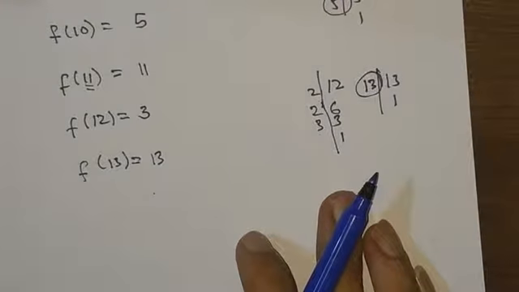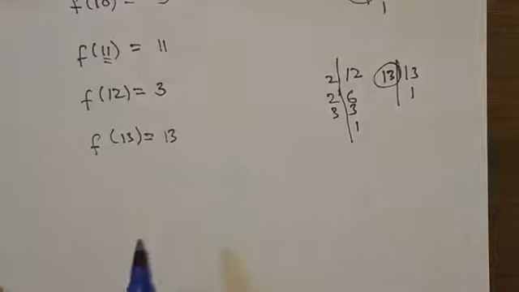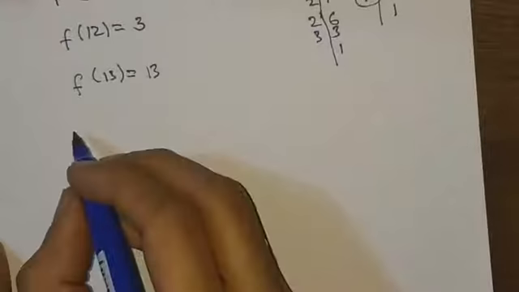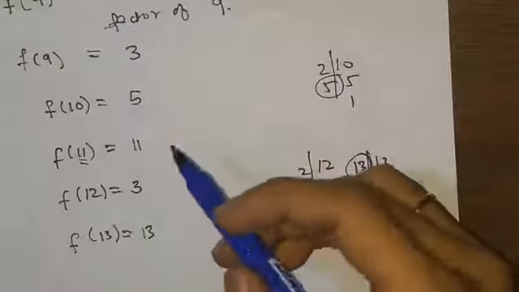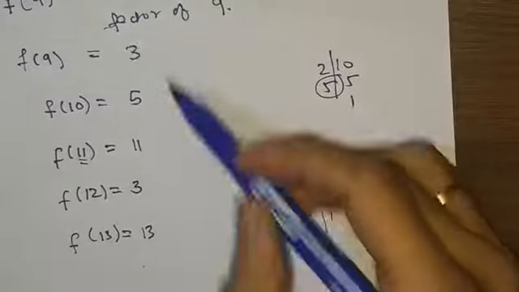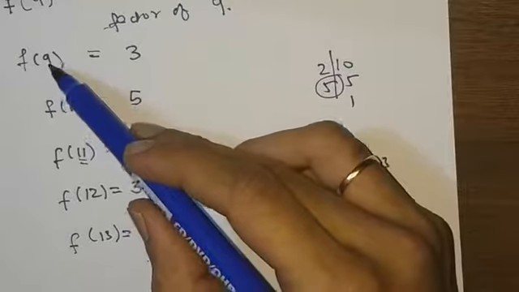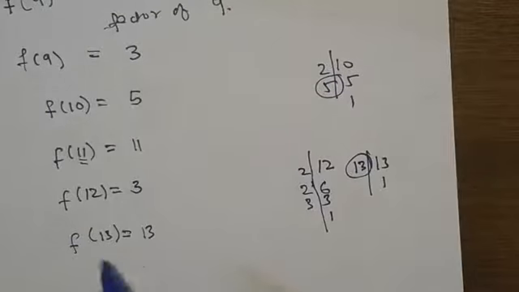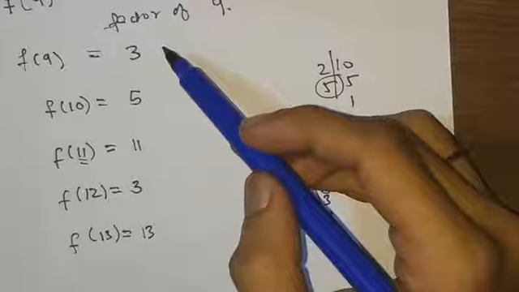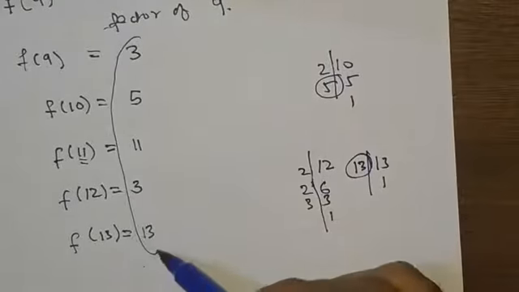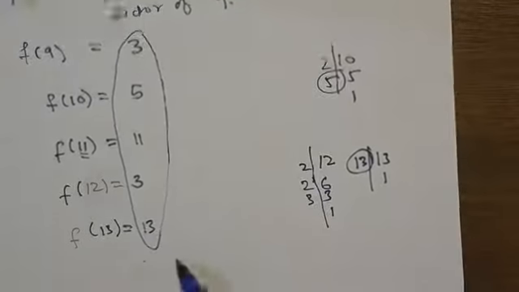Now we have to find the range of f. Range of f means all the values that the function takes for the values of the domain, right? So these are all the values that the function f takes.